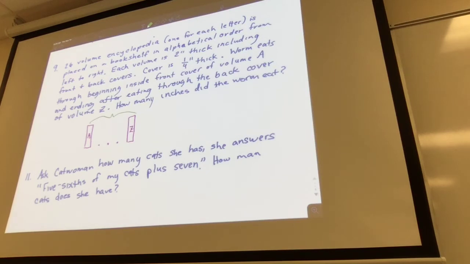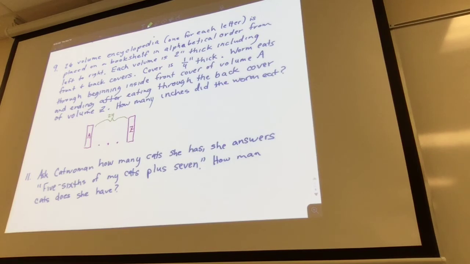So let me do this so I can see how many are in the middle. 24 of them in the middle. Y'all okay with that? So you sketch however you want to sketch this. I'm just going to start with my first one represented. My second one, it's on a bookshelf. I know there's 24 of them in the middle, B, C, D through Y.